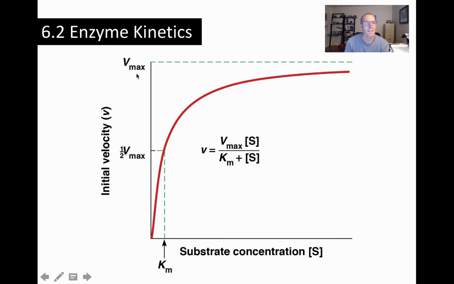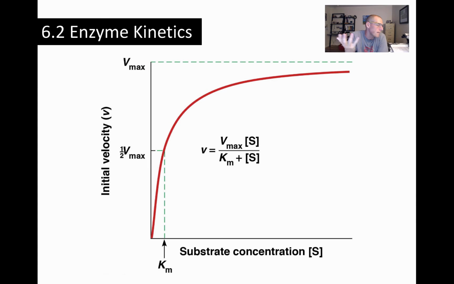And so Vmax is the maximum velocity that you can get from a given concentration of enzyme, as we've increased the substrate concentration to the point where the enzyme can't act on the substrate any quicker, so it can't do its job any faster than it's doing it.